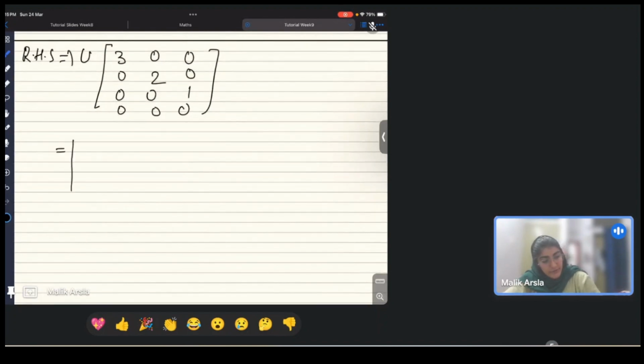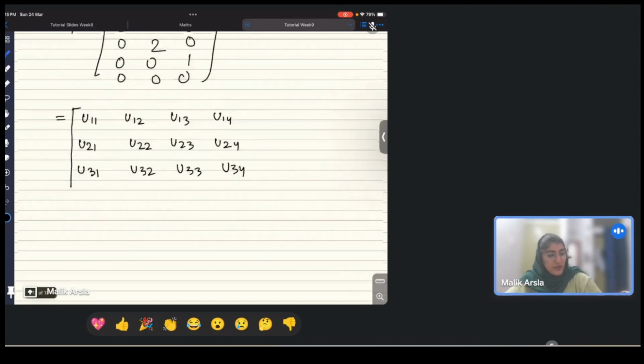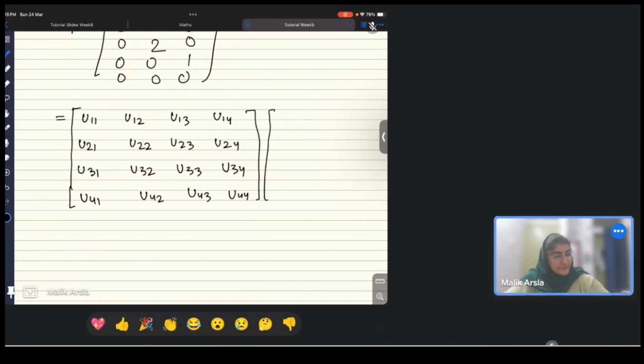So we will form a 4 cross 4 matrix, say U11, U12, U13, U14. The second row will be U21, U22, U23, U24. Then U31, U32, U33 and U34, and the last one will be U41, U42, U43 and U44. And this will be 3 0 0 0 2 0 0 0 1 and 0 0 0.